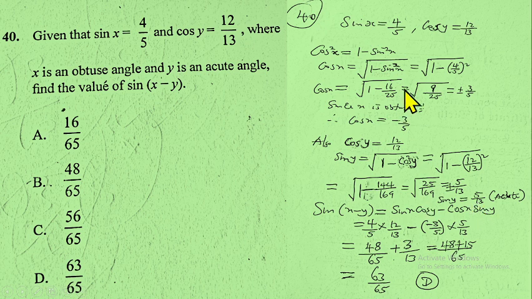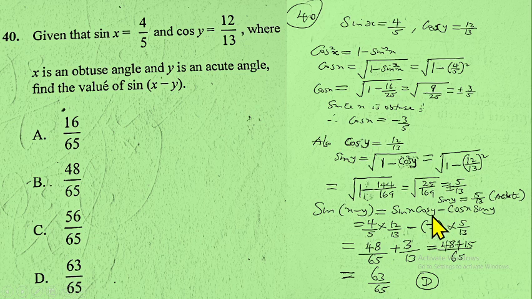So now that we know sine x, cos x, cos y and sine y, we can go back to what we have to find, sine x minus y. Because this is a compound angle, it is going to give us sine x cos y minus cos x sine y.